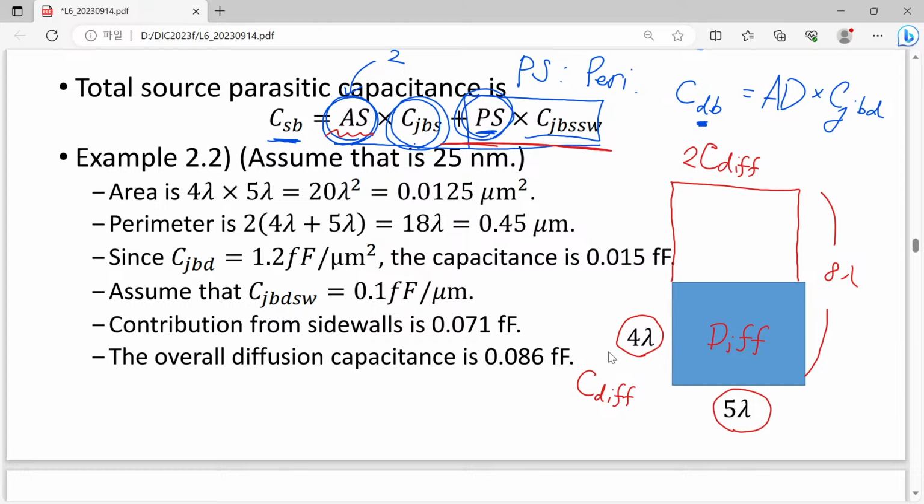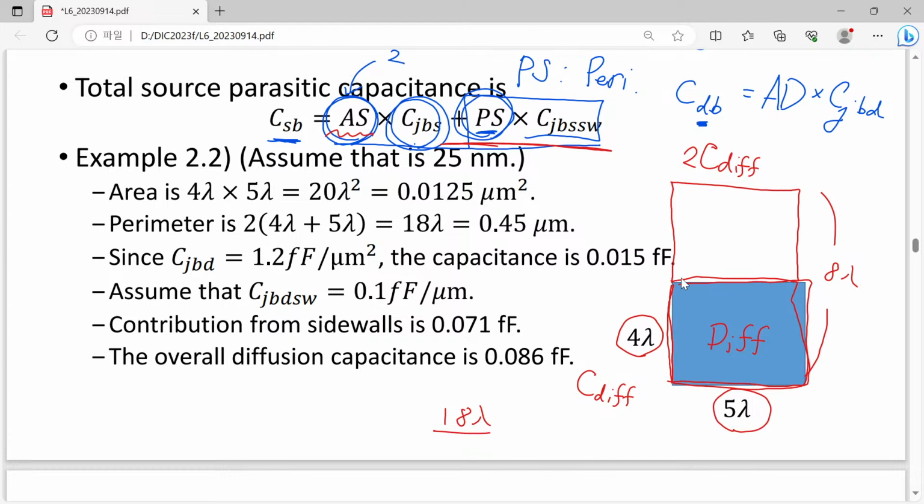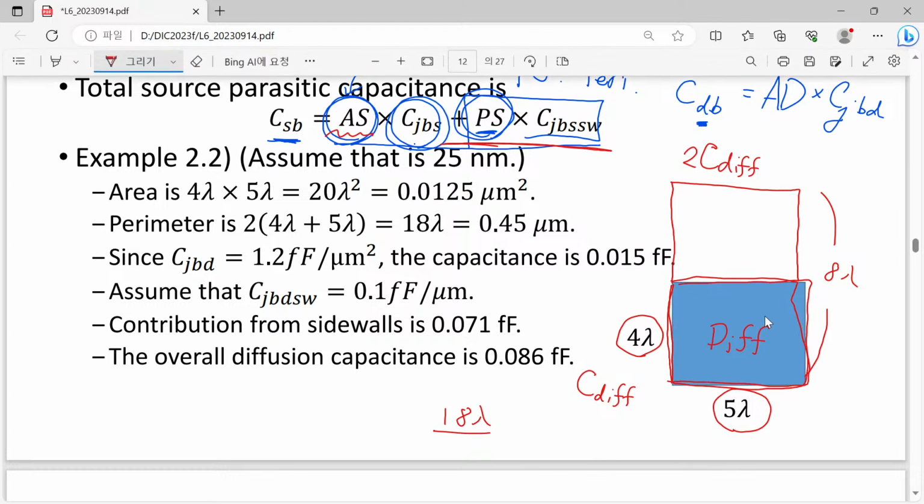Also perimeter. So previously we had a perimeter of this diffusion region corresponding to what? That was 18 lambda. Are you with me? 4, 5, 4, 5. That was the value of perimeter.